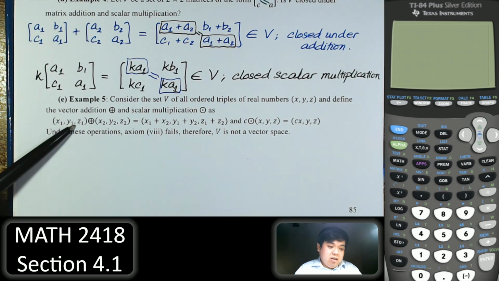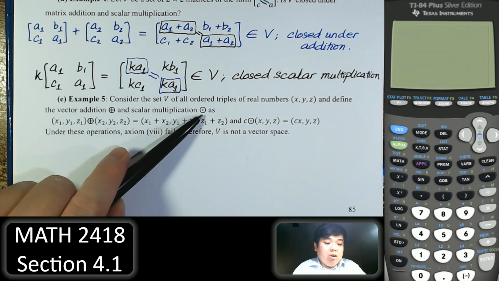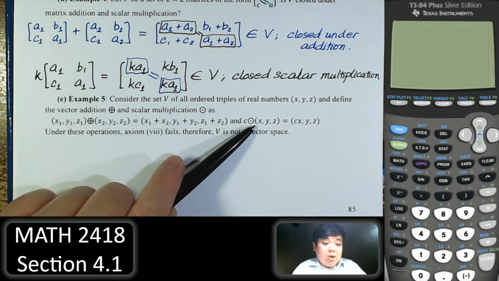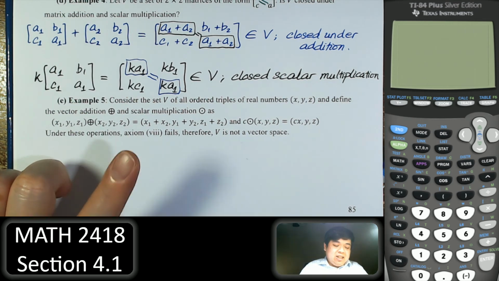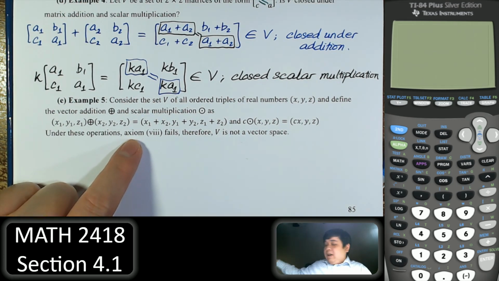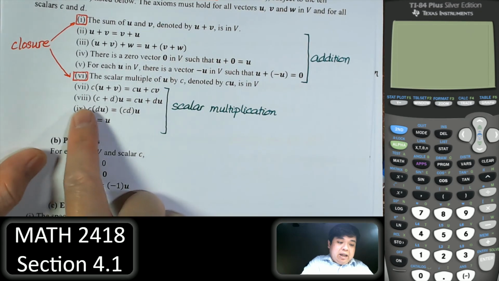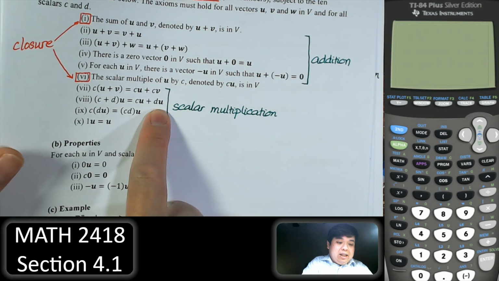This is just the regular addition of vectors. However, when we define the scalar multiplication, it is only multiplied by the first one. And this says that under these operations, axiom number 8 fails. This is number 8. So let's see why that is the case.